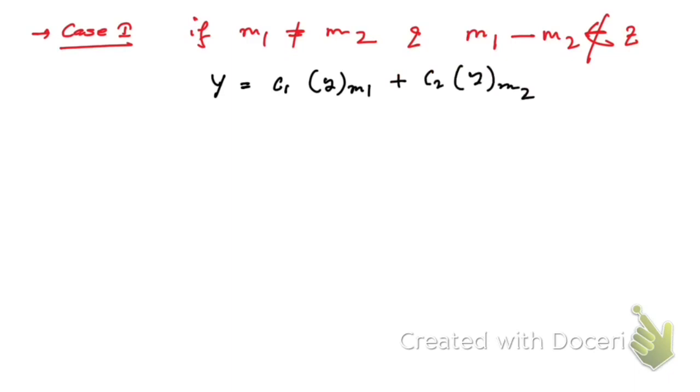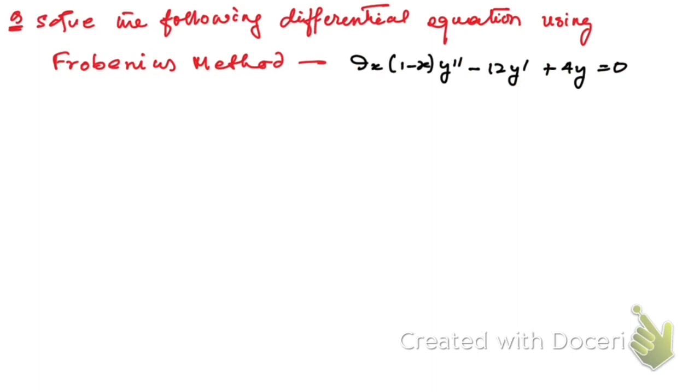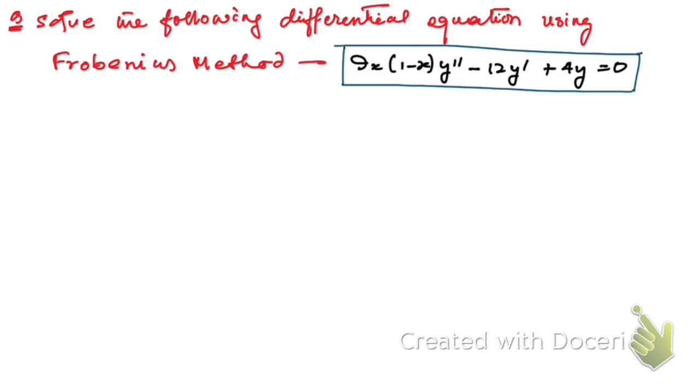That's going to be the solution. So I will explain what is y m1, what is y m2, okay. So now let us take an example of this case, okay. So here you see, this is the given equation. We are to solve this equation using the Frobenius method.